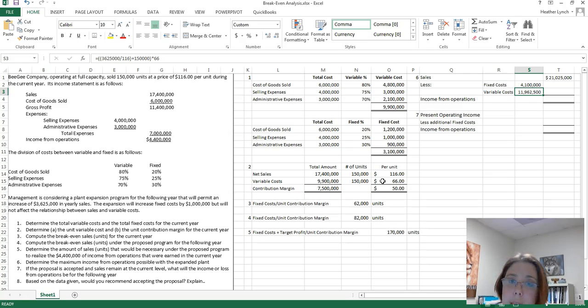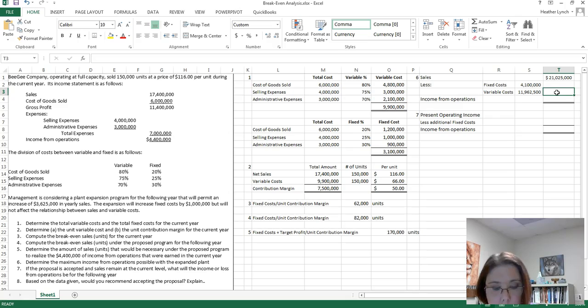If we increase our sales, that will help us. We had to determine how much per unit. We already produce 150,000 units. We're not planning on getting rid of that. Okay, and we times that by $66 per unit based on the 150,000. Okay, so that's where we came with 11,962,500.